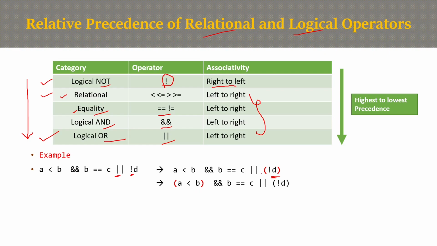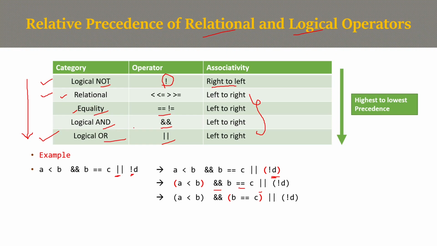After we have performed these two operations, what should we do next? We have the equals to and the OR, right? From this table, you can see the equality comes next. So we will be doing the equals to operation next, as you can see. Then we have the logical AND and the logical OR operation remaining.